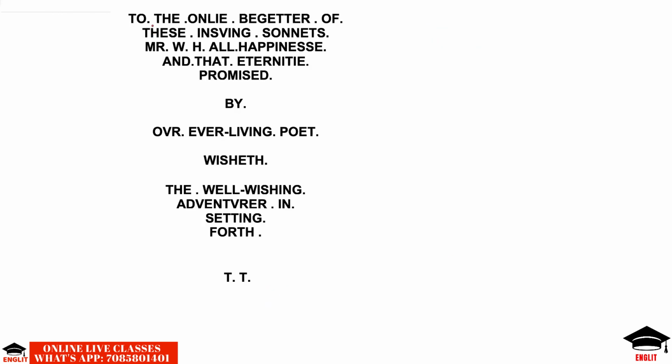The dedication goes like this: To the only begetter of these ensuing sonnets, Mr. W.H., all happiness and that eternity promised by our ever-living poet wisheth the well-wishing adventurer in setting forth, T.T. This T.T. refers to Thomas Thorpe.